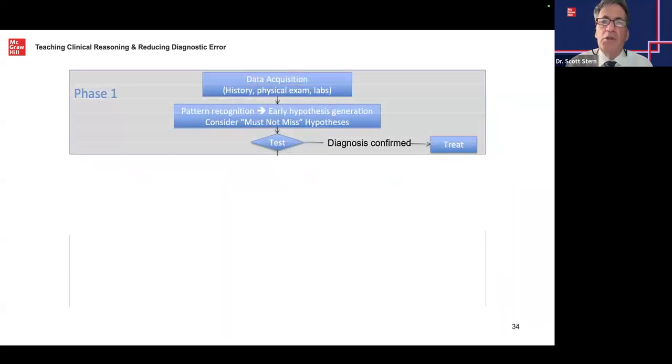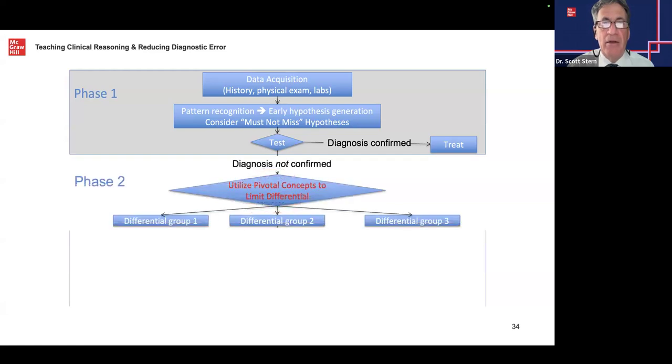So the first part of the student evaluation should be the same as it's always been. Data acquisition, history, physical, and labs, see if they recognize the pattern. That's going to come naturally. Think about must-not-miss hypotheses, test, and if you make the diagnosis, fine. But if not, instead of hunting and pecking, we should teach them pivotal concepts to focus a differential diagnosis, limit it into much smaller groups that can then be addressed.